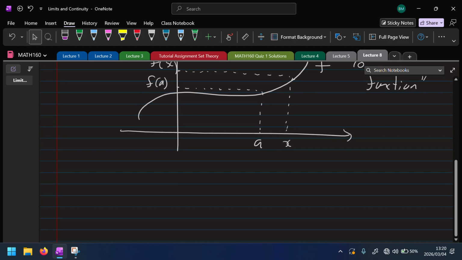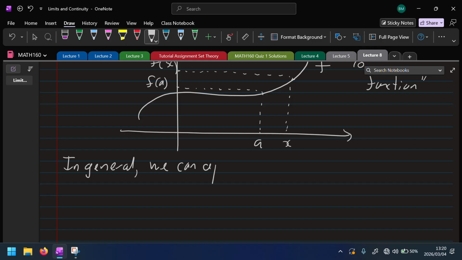So in general, we can approach the value of a using x values that are less than a.